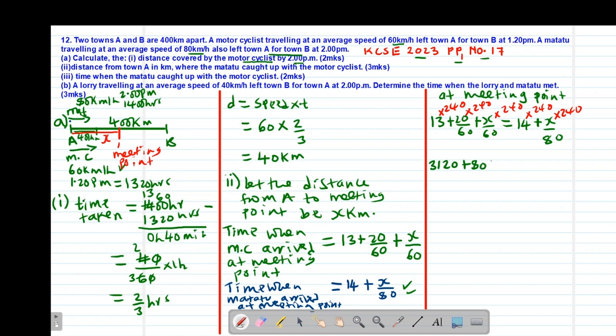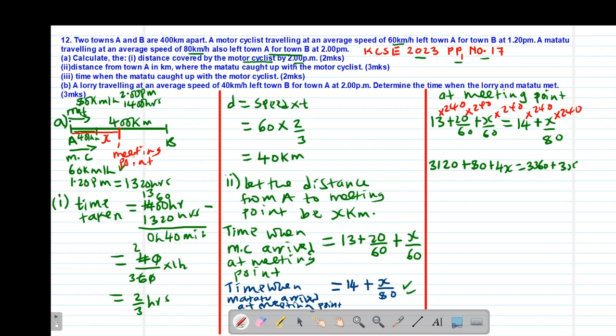Then 240 divided by 60 is 4, and there was an x, so it is 4x. This equals 14 multiplied by 240, which is 3360, plus 240 divided by 80, which is 3, so 3x.